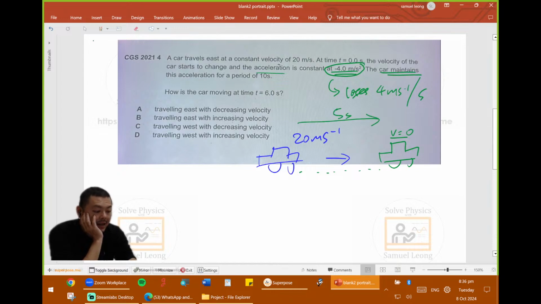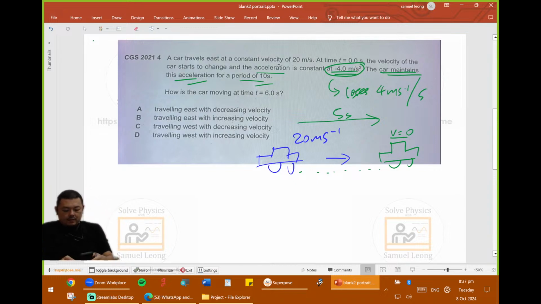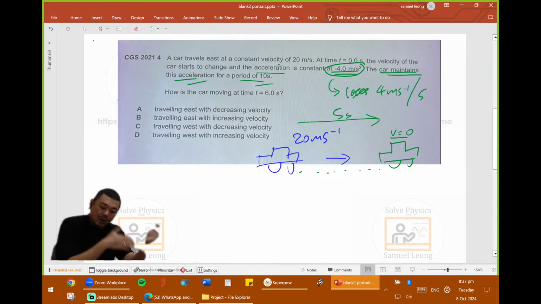But then they say it maintains the acceleration for 10 seconds. So after the fifth second, what happens? Now it does, but you have to let it slow down first.